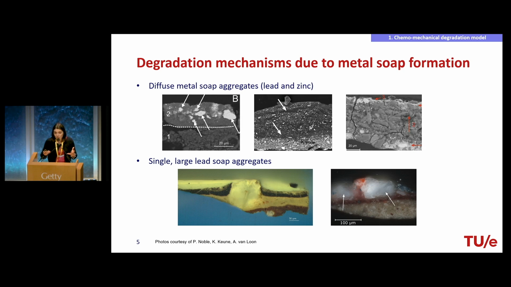These have been observed, and the chemistry has been subjected to quite substantial studies in the last years. What is still not so well understood is how this chemical phenomenon interacts with the mechanics of the system. So we talk about complex systems, right? This is a multi-physics problem in which mechanics and chemistry interact with each other.